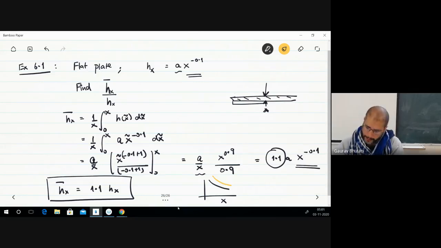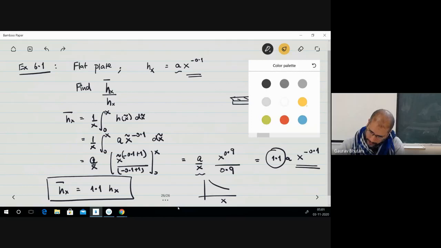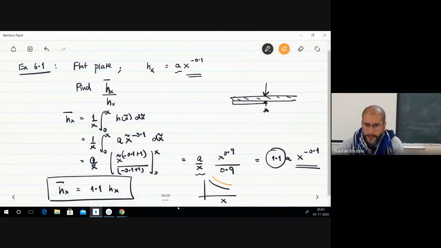Okay. Well, I think this color's not quite dark. So what we see is that my Hx bar is slightly greater than Hx. And that again makes sense because you know that your Hx is a monotonically decreasing function with x.